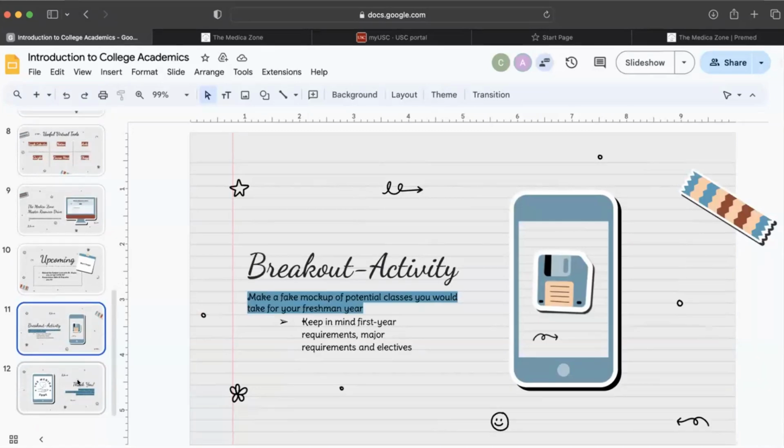So I see that for the breakout activity, Asia, would you be interested in working with the students to create a mock-up of potential classes you would take for your freshman year of college? Do you want to work with anyone in particular?